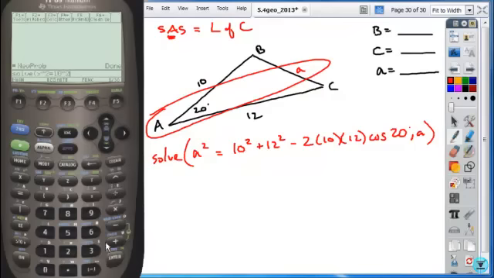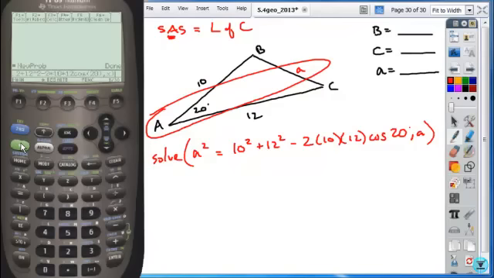So I enter my equation exactly as it appears: the sum of the squares minus twice the product of those two sides, all times the cosine of the angle opposite that, and I'm solving for, in this case, x. As I wrote this out, I didn't include any decimal points, so I need to use the green diamond button to make sure my answer is in decimal form.